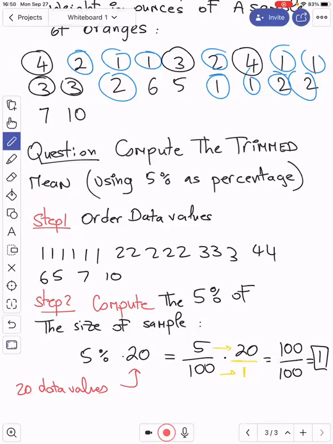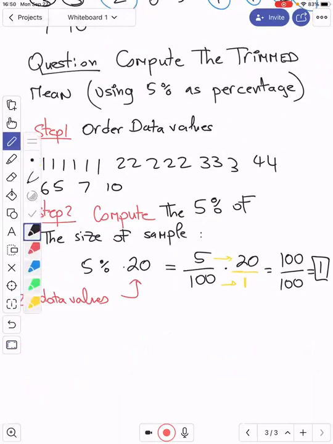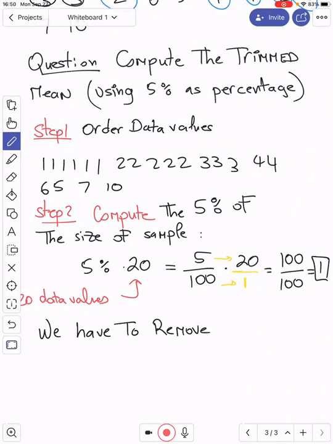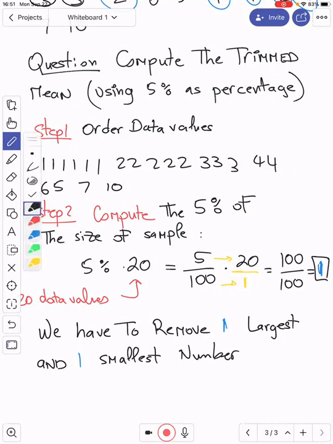All right. So we have to remove 1 largest and 1 smallest number. The largest number is 10, so we need to remove the 10.